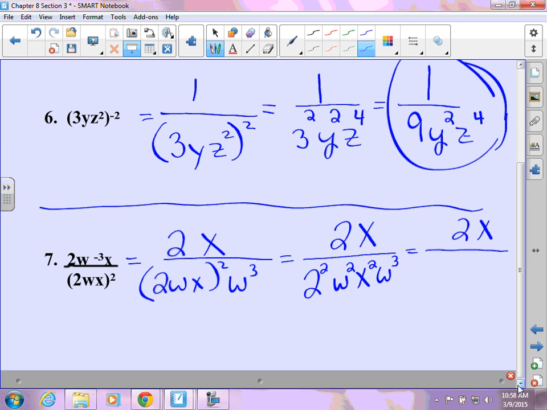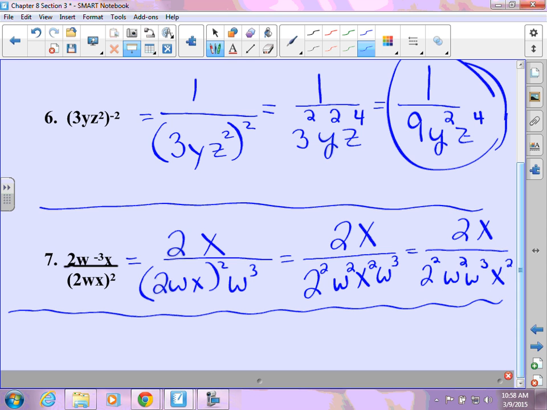Okay, what exponents can I add? My w's. So I'm going to go 2x over 2 to the second, w to the fifth, x to the second. Okay? Now I'm going to subtract my exponents.